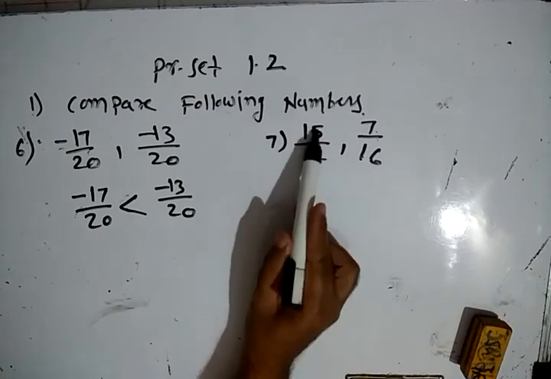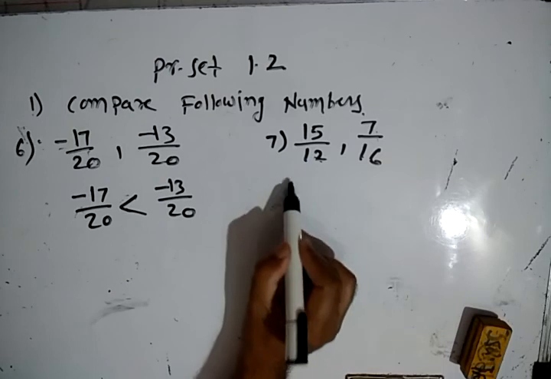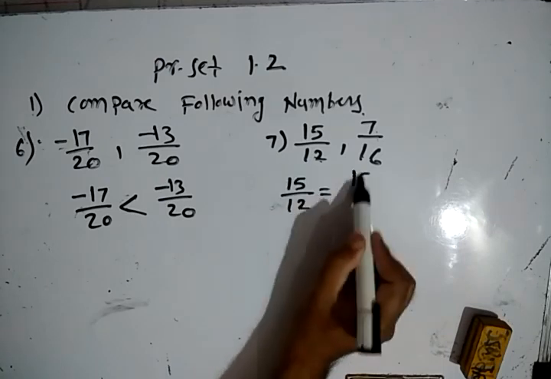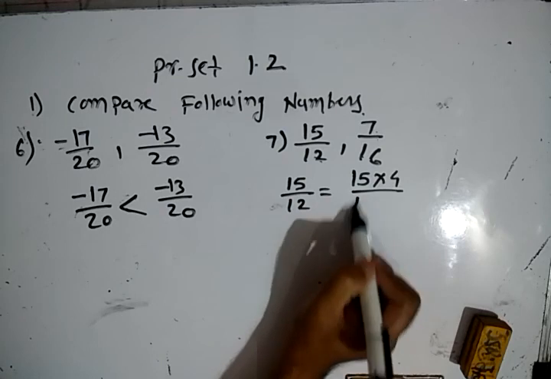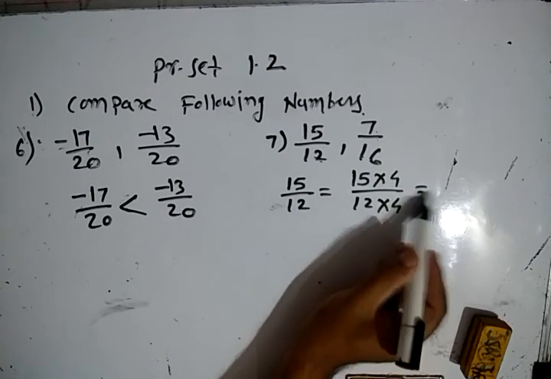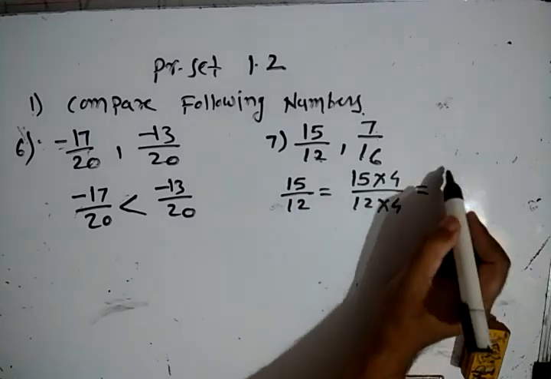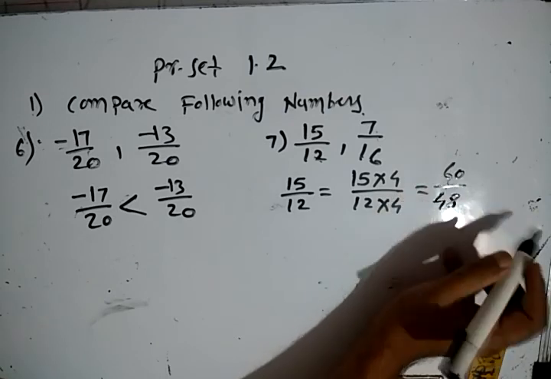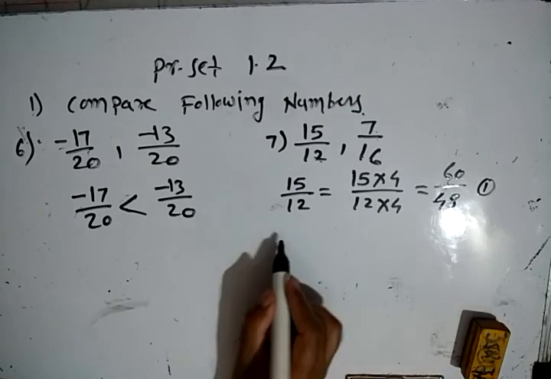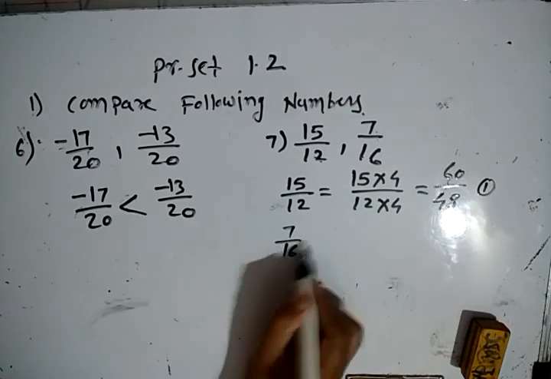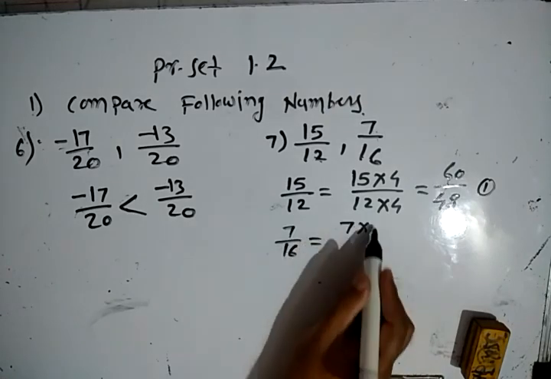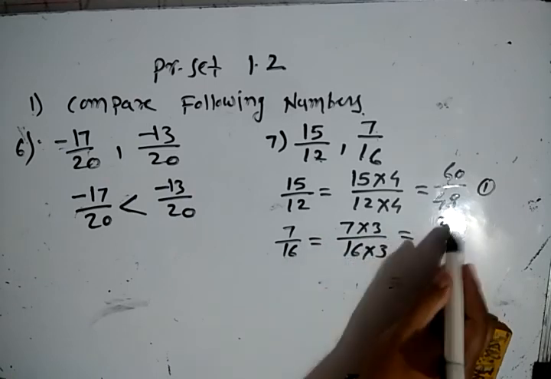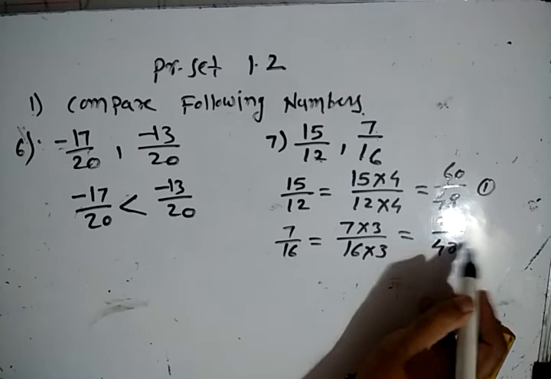Therefore, multiply 15 upon 12 by 4. Here 15 upon 12 is equal to 15 into 4 upon 12 into 4, that is 15 4s are 60, 12 4s are 48. Second, 7 upon 16 is equal to 7 into 3 upon 16 into 3, that is 21 upon 48.